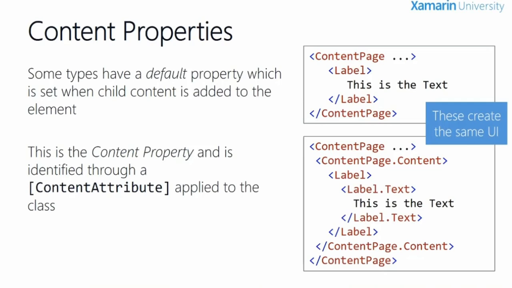So for a content page, the default property is the content property, and for a label, the default property is the text property. So essentially, these two snippets of code are equivalent. On the bottom half, I'm indicating very specifically what properties I want to use, whereas on the top, I'm just using the default properties instead.